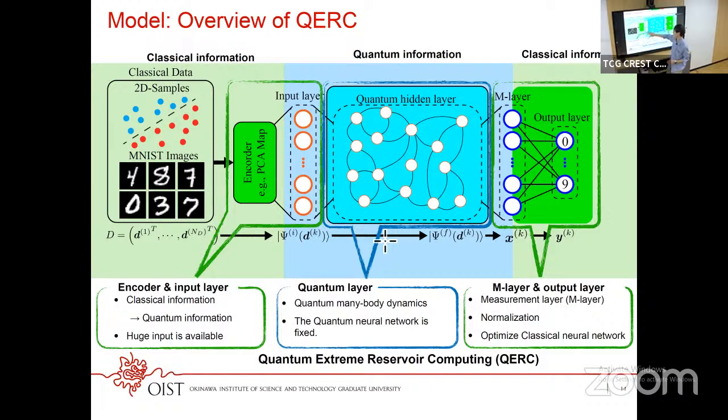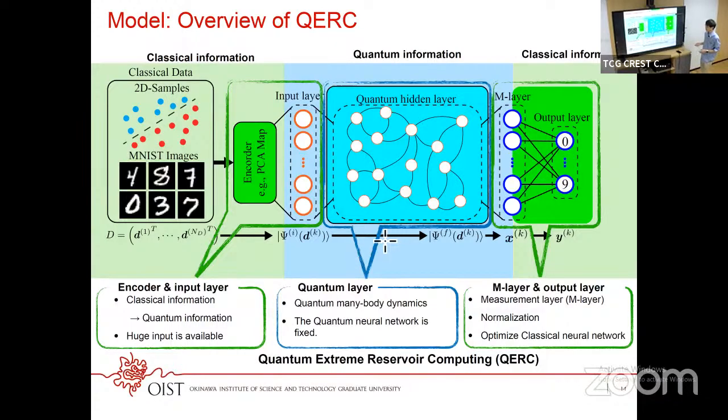This state is mapped to the final state by the quantum reservoir, which is called the quantum hidden layer. After that, we have to measure it to convert the quantum information into classical information, and we get classical information at the M layer. This information is then sent to the classical neural network and optimized, and we get some classical output.